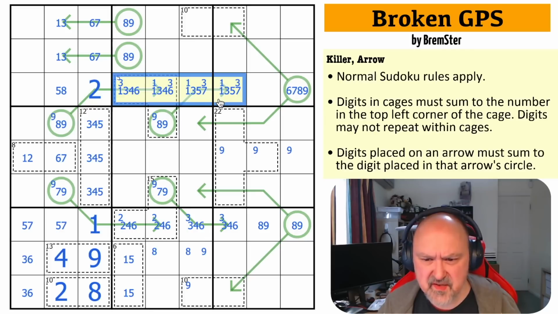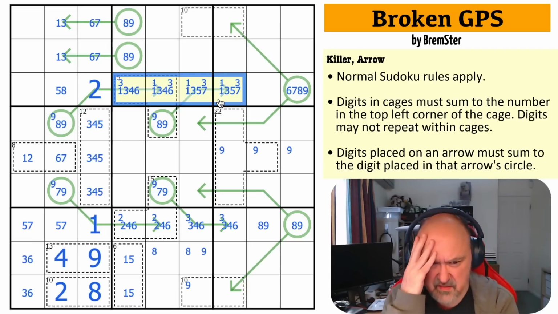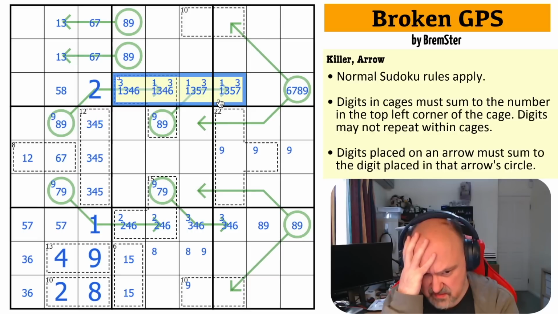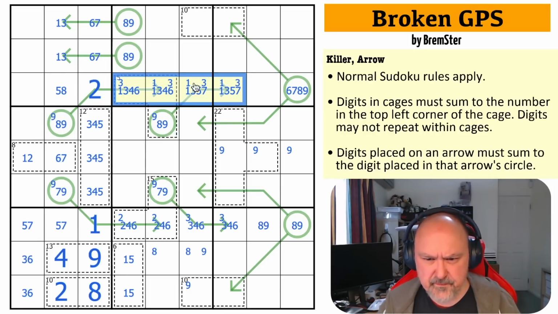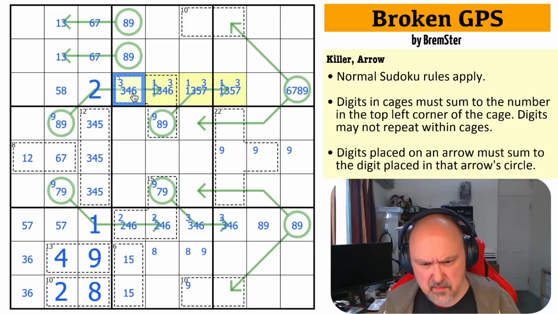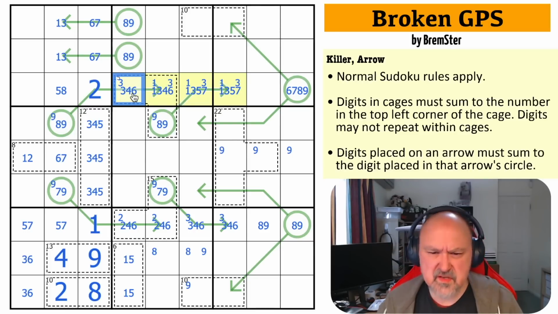So they're the possibilities for this. I am confuzzled. And all I know is 1 and 3 is needed. There's no 1 there. So what am I missing?